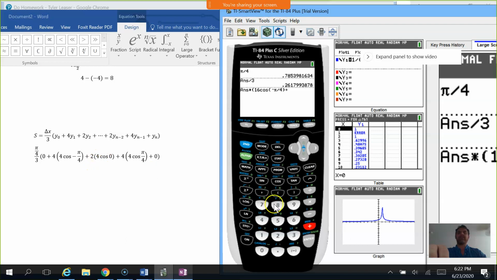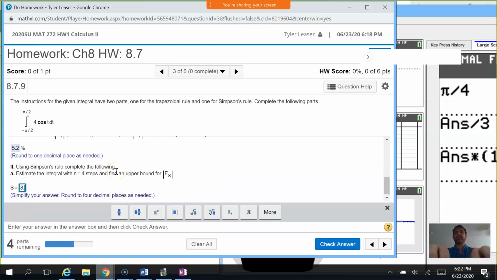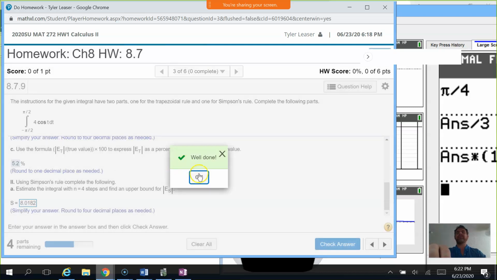That plus 4 times 2 is 8, cosine of 0 is 1, plus 16 cosine of regular pi over 4. All right, so 8.0182 it looks like. That looks about right, because remember it's supposed to be close to 8. 8.0182, is that what he said? Yes. All right, so just plugging stuff in from the formula.